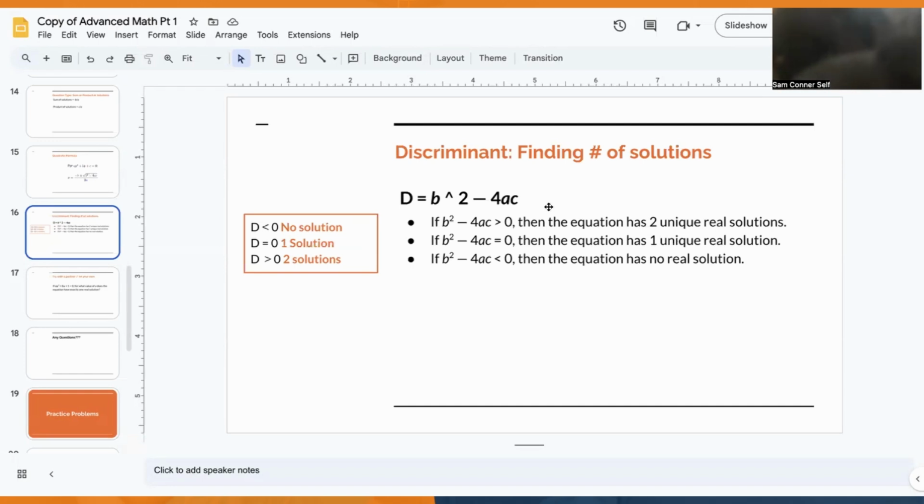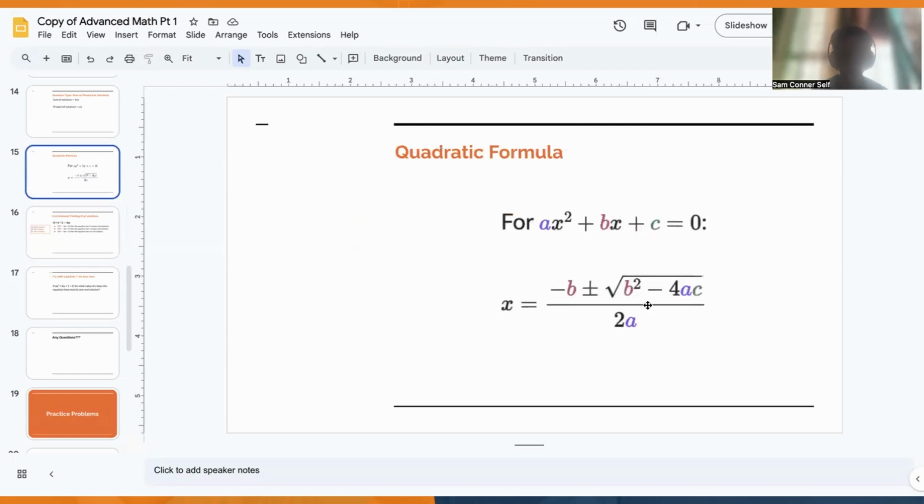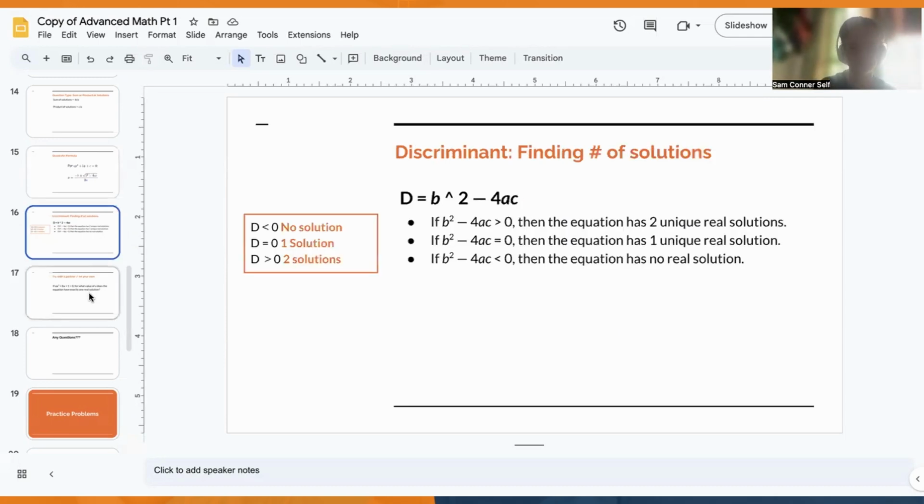And if the value that you get after solving the discriminant is less than 0, then the equation is going to have no real solutions, right? Because if this value inside the square root is negative, from algebra 2 / pre-calculus, we know that a negative square root is going to be an imaginary number, so it's not going to be a real solution.